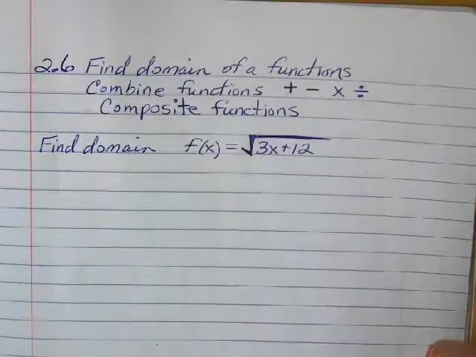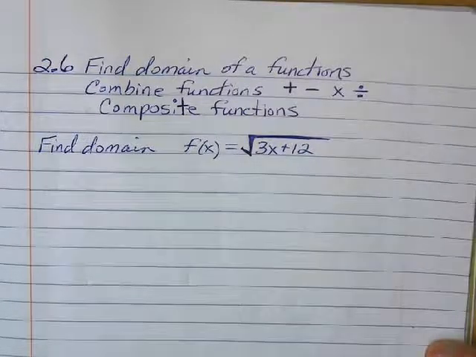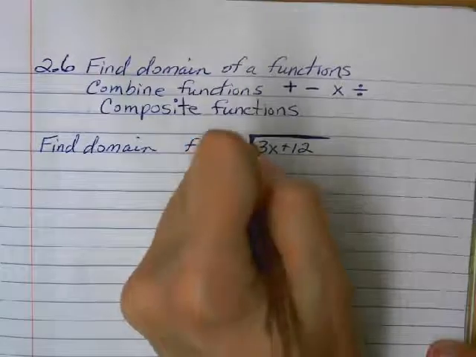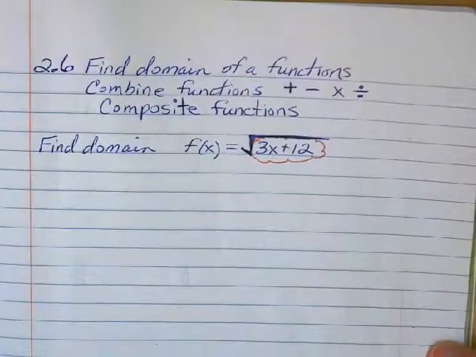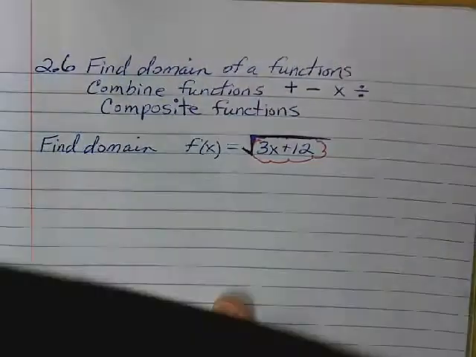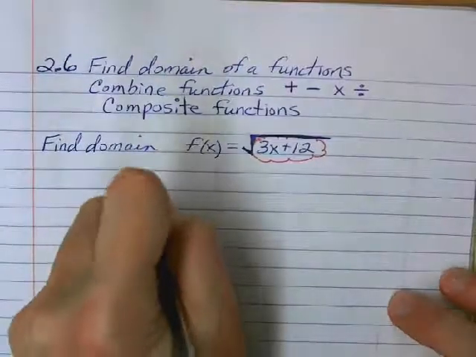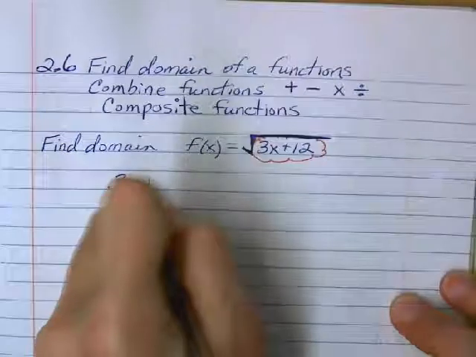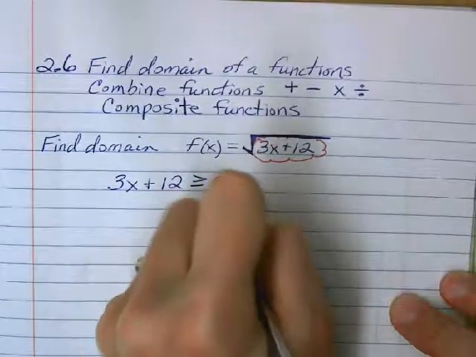If you're thinking of graphing it, I want to graph all the real numbers. We're not going to graph imaginary stuff. So since we can't take the square root of negative numbers, the part inside has to be positive, obviously. So this part inside of here has to be greater than or equal to 0.